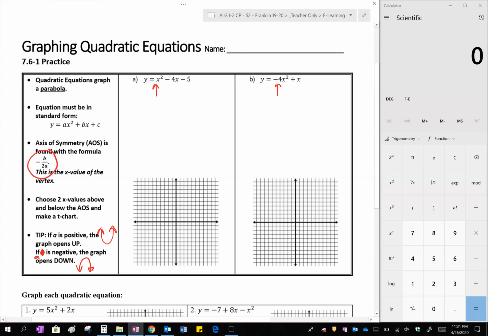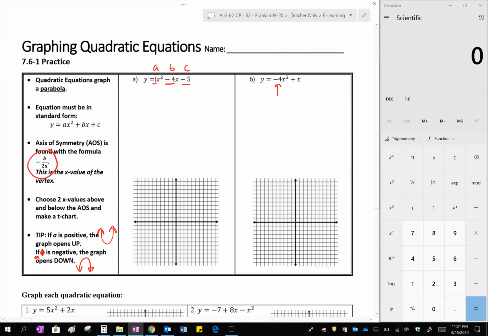Okay, so let's get started with number one. First of all, letter A, check and see if it is in standard form. And it is. The x squared is first, and the x, then the constant. So we know a is 1, b is negative 4, and c is negative 5.